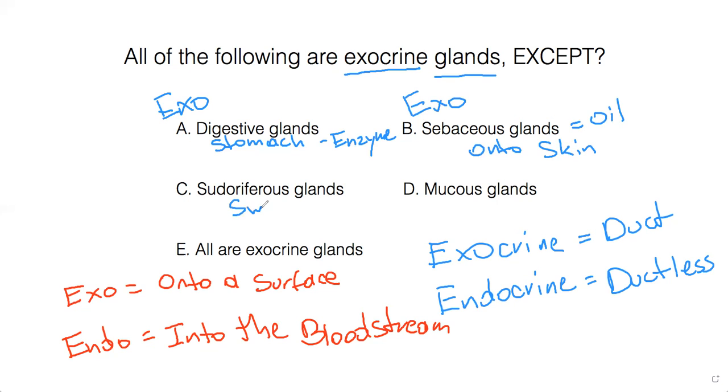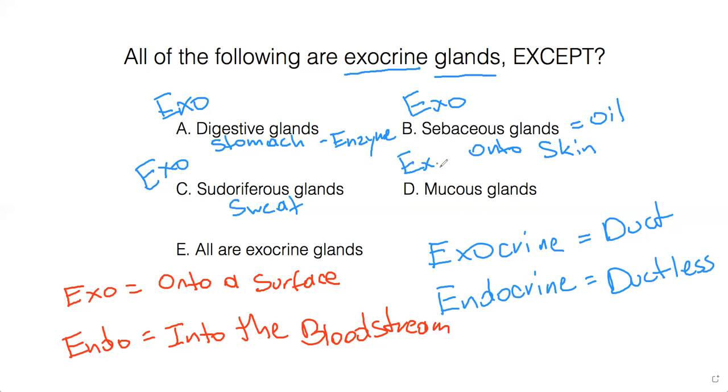Sudoriferous glands, those are our sweat glands. Once again, onto the surface of the skin, exocrine gland. And mucus gland, whether you're thinking in the nose or again in the stomach, they're either secreting their mucus onto the surface of the mucous membrane inside the nose, or their mucus onto the surface of the stomach lining to protect the stomach against the stomach acid.